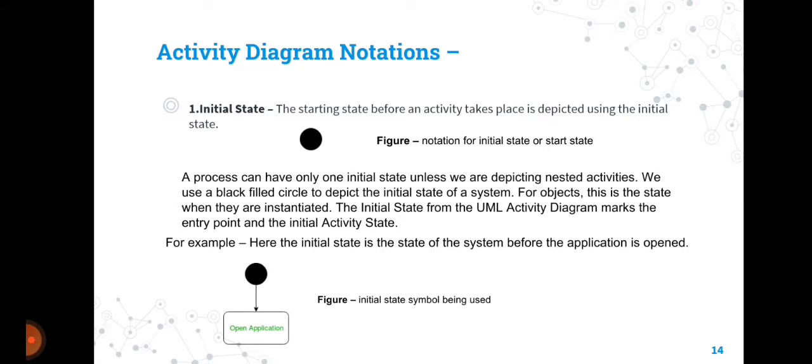We use a black filled circle to depict the initial state of a system. The initial state in the UML activity diagram marks the entry point and the initial activity state. For example, here the initial state is the state of the system before the application is opened.